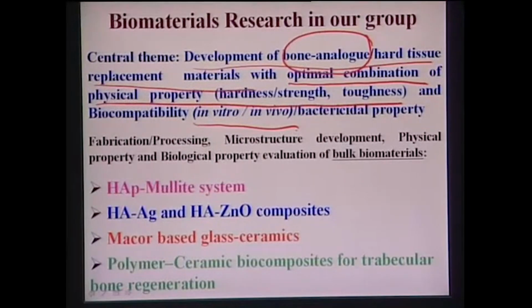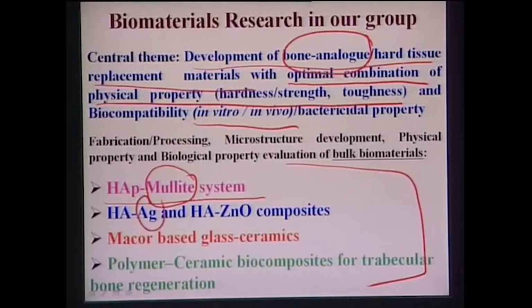Now, through the next 50 or 60 lecture slides, I will go through some of the results obtained in hydroxyapatite based systems reinforced with mullite, silver or zinc oxide. The addition of these different second phases, either ceramic or metallic, serves some purpose.